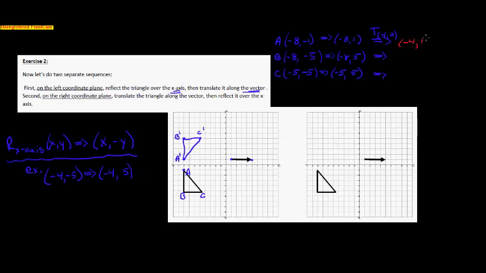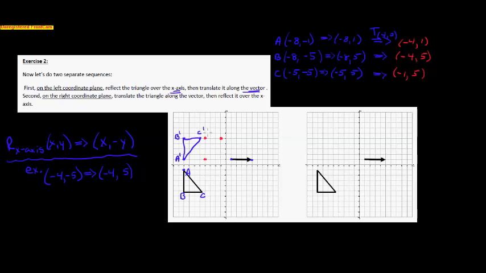It turns into negative 4, 1, and negative 4, 5, and negative 1, 5. Alright, so if I move these over, 1, 2, 3, 4, that's going to move right over to there. And that is going to be moving right over to there. And negative 1, 5 is my other one.